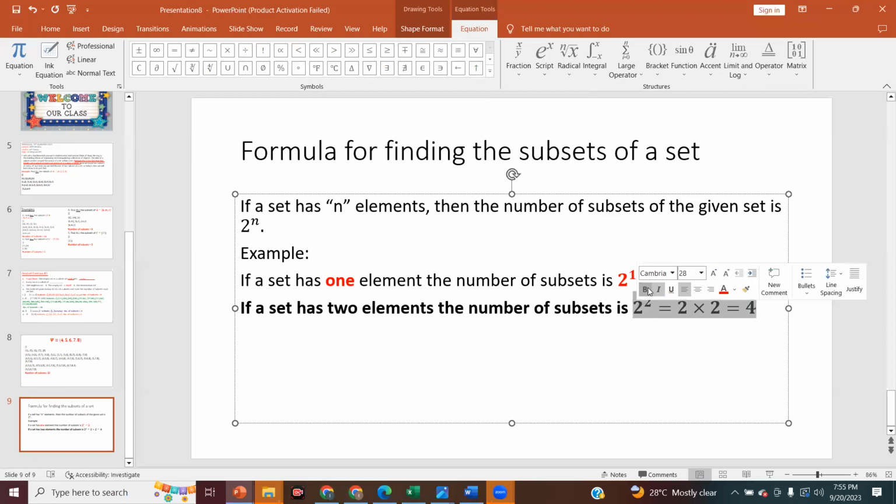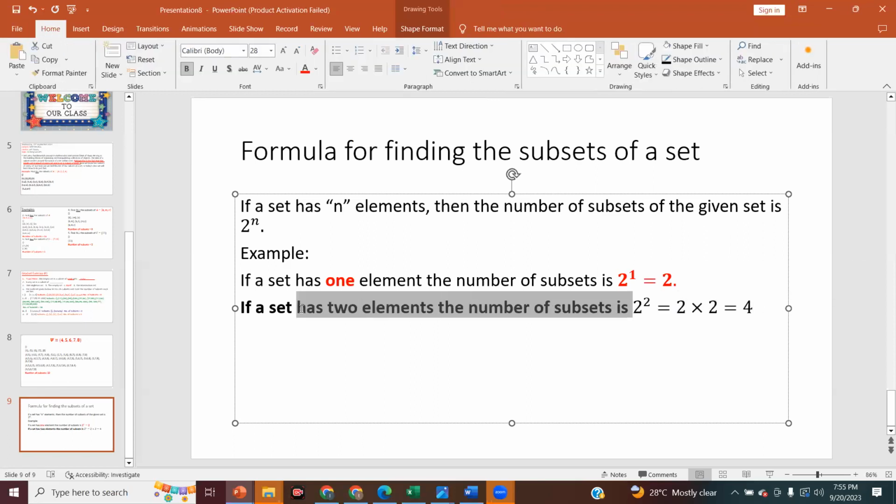And if a set has 3 elements, how many subsets is it going to have?